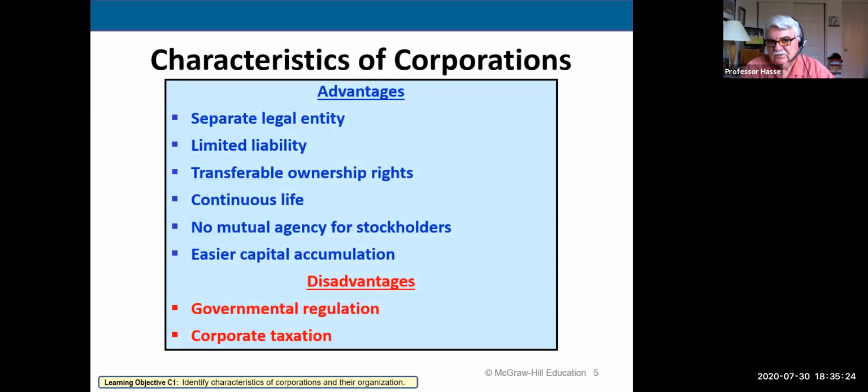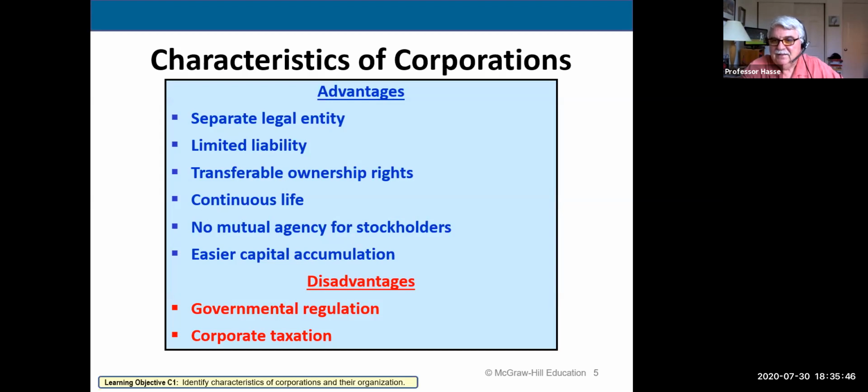What are the advantages of being a corporation? You're a separate legal entity. The corporation is a separate vehicle. Example, when I was in business, I had a private corporation. I owned the whole thing.